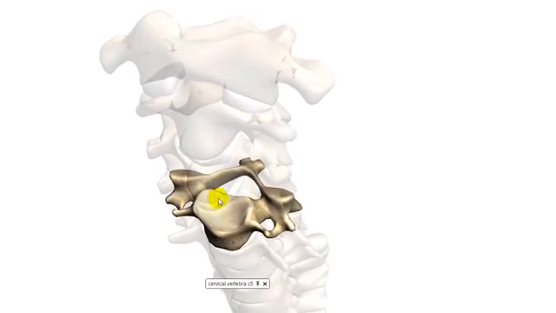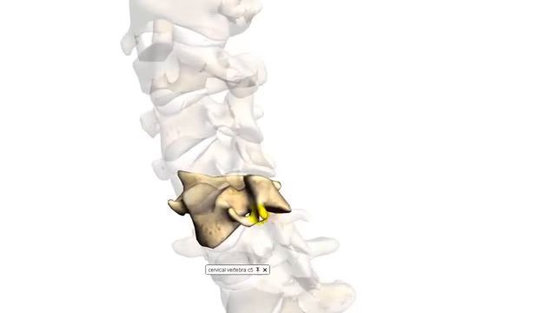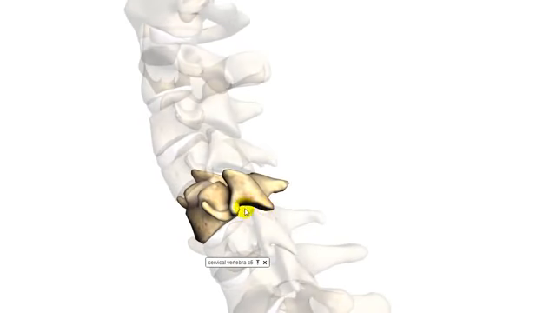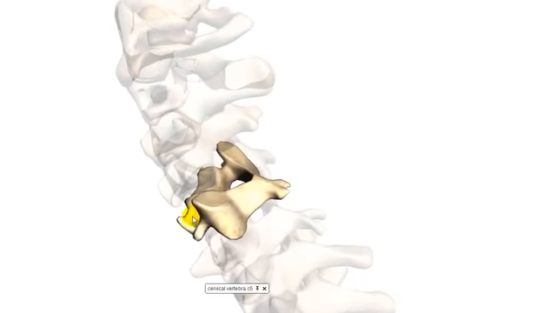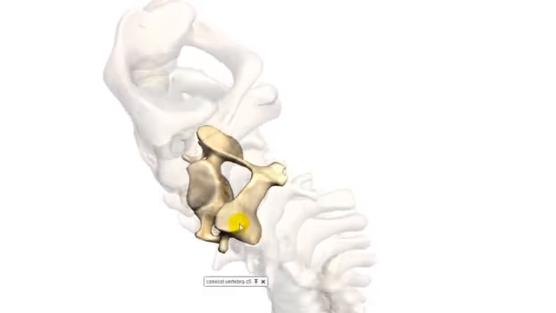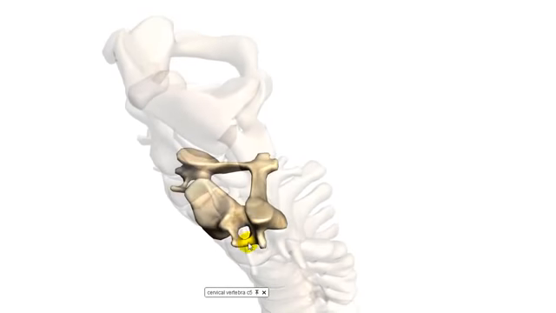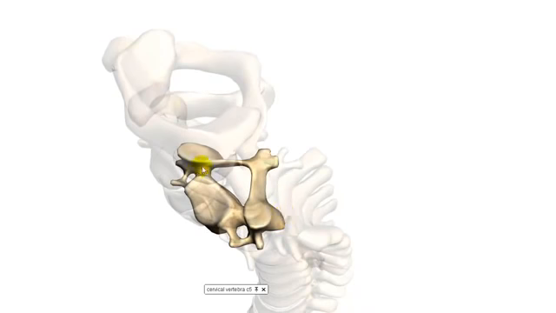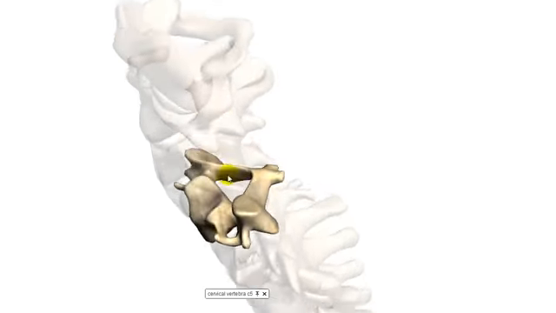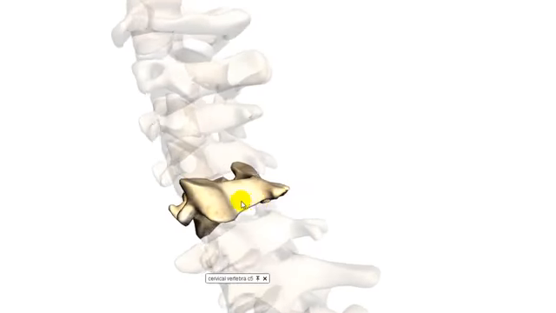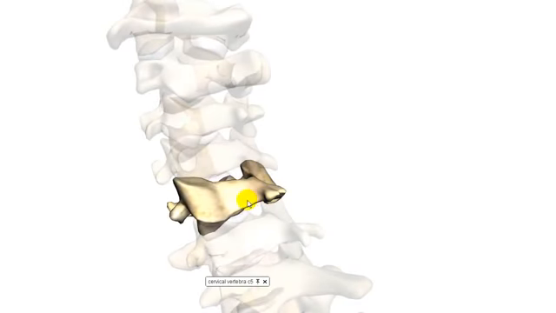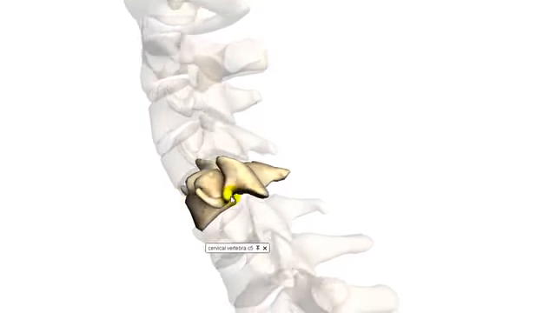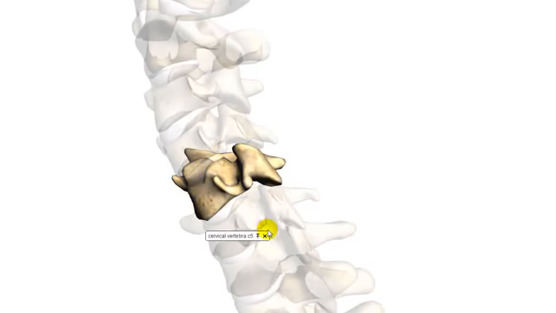And here again you've got the superior articular facet, you've got the inferior articular facet, and you've got the transverse process sticking out here, which contains the transverse foramen. And then you've got the pedicles at the front and the lamina here, and the spinous process at the back, body anteriorly.